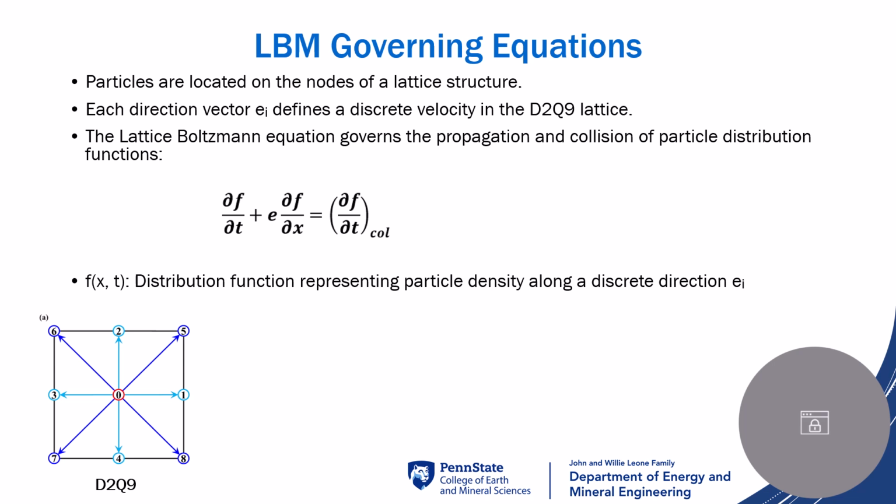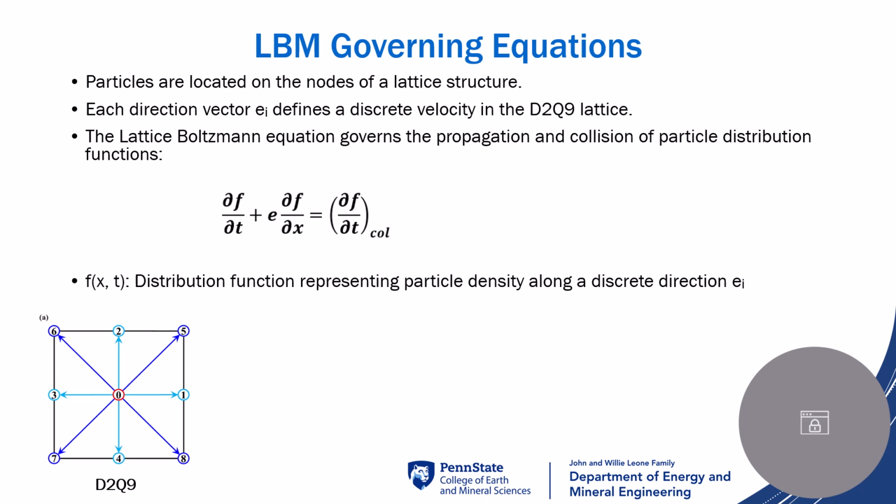This equation represents two major processes. On the left-hand side, we have streaming, the advection of particles along their discrete velocity directions. On the right-hand side, we see collision, where the particle distributions interact locally and relax toward equilibrium.